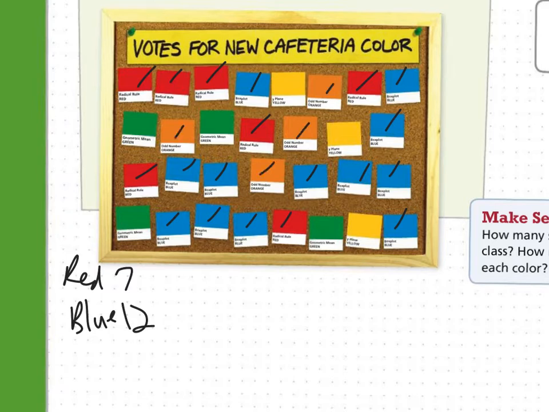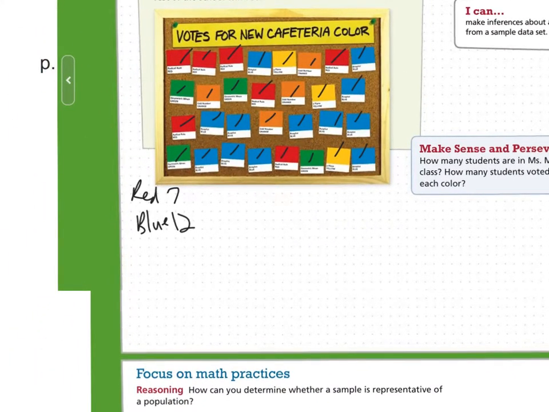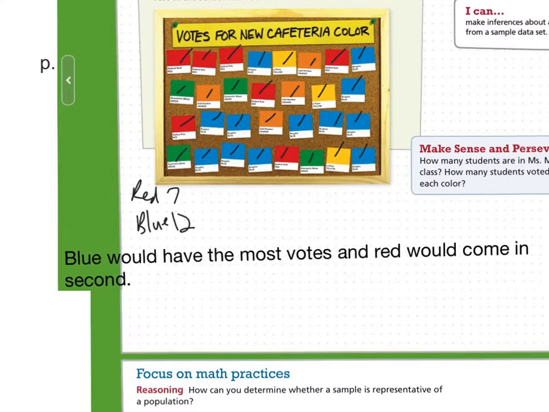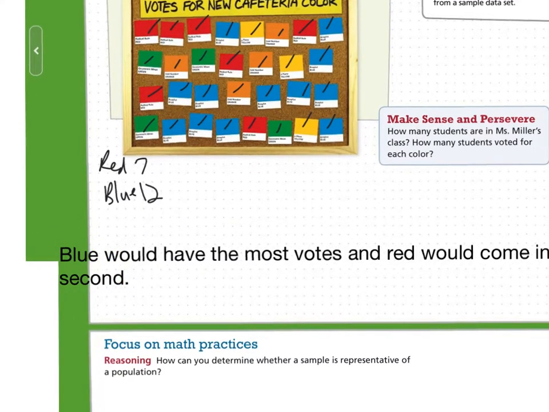Orange has 4. Green has 4. And yellow has 3. So based off of this, we might say it looks like blue would get the most votes and then red would have the second most votes. So this would be a possible conclusion that we could make.